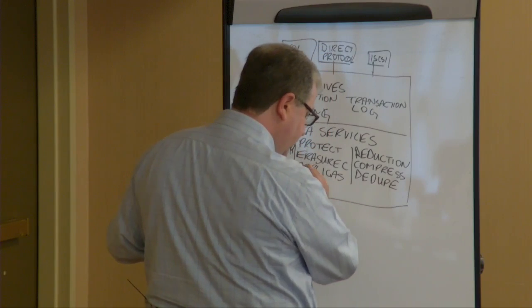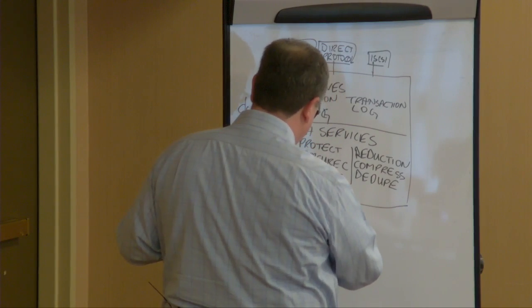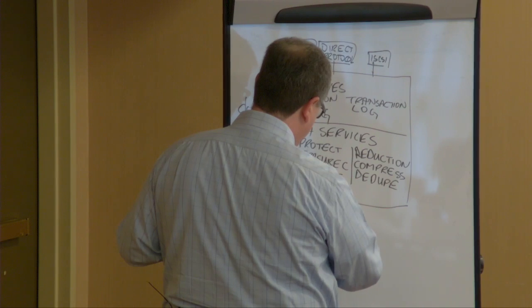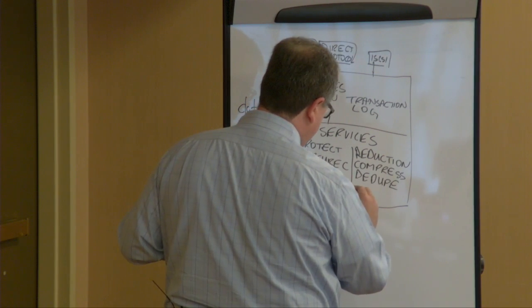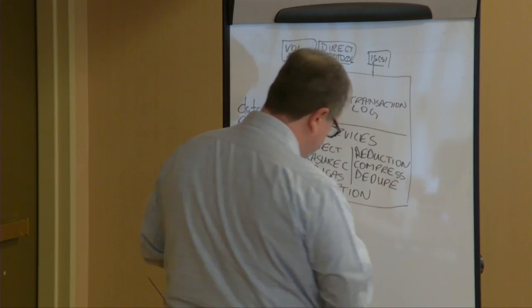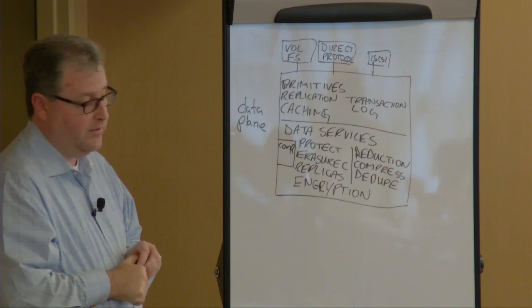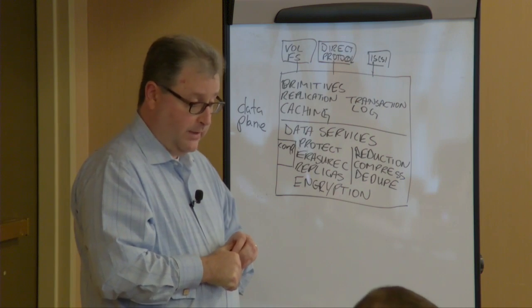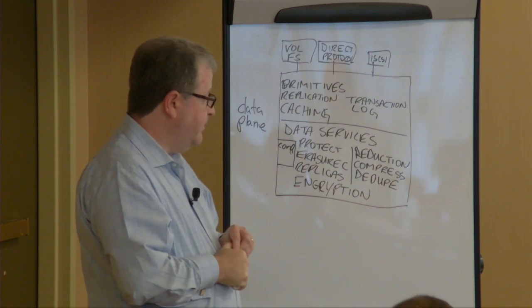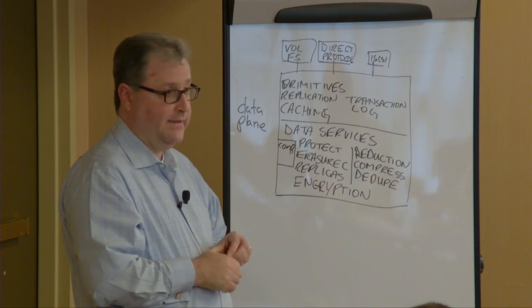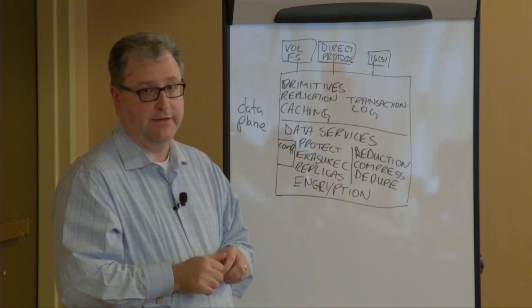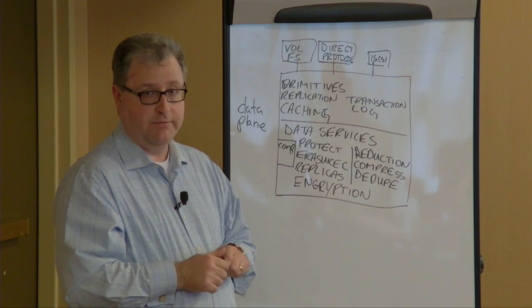Finally, this is also where we do our encryption. The data plane manages a number of cryptographic functions, both for data at rest and data that is going over the wire.